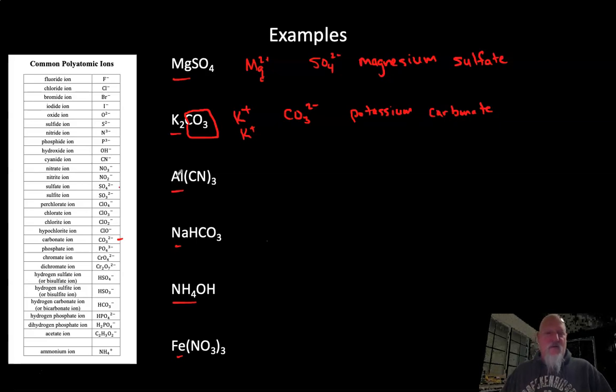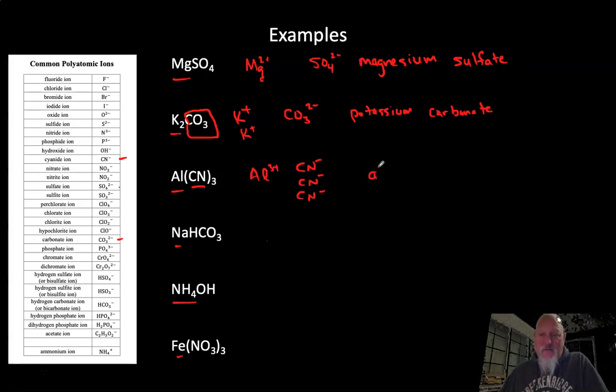Next one, aluminum. It's a metal. Aluminum's ion is Al3+. We can see the CNs, and there's three of them: a CN-, a CN-, and a CN-. So we have our one aluminum and the three cyanides. Remember, CN- is cyanide, right there. When we name it, we don't have to tell you how many there are. We figure that out because of the charges.